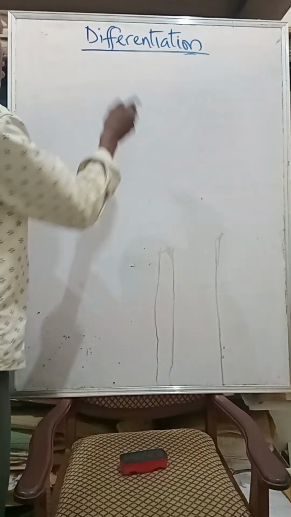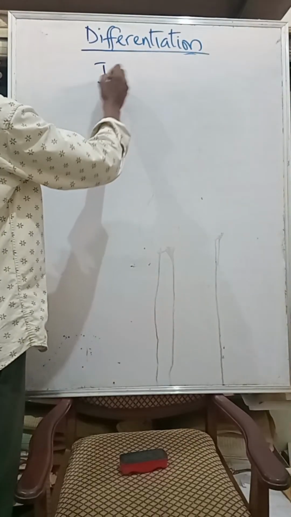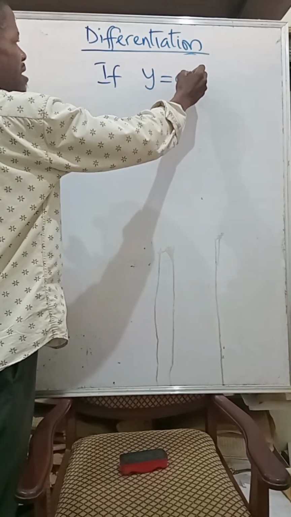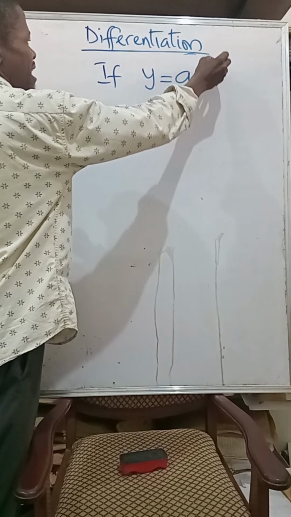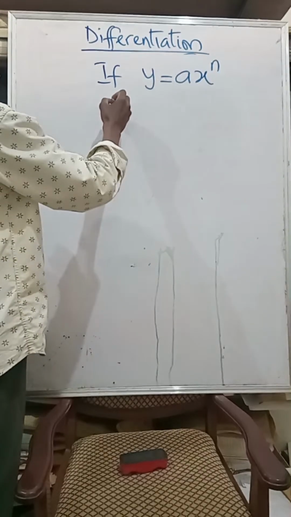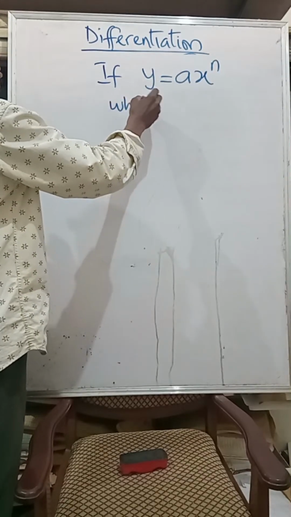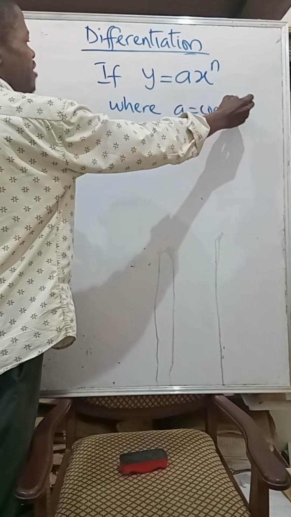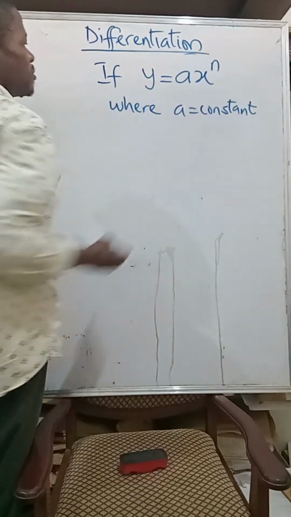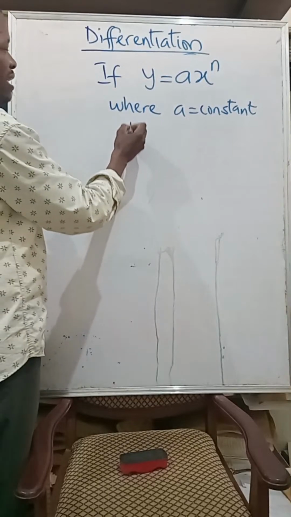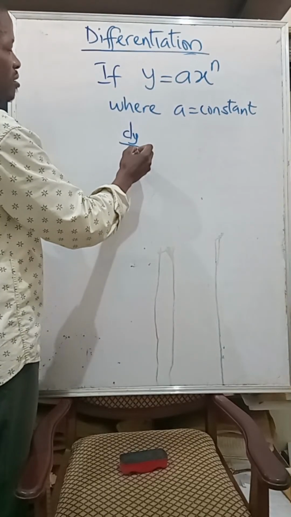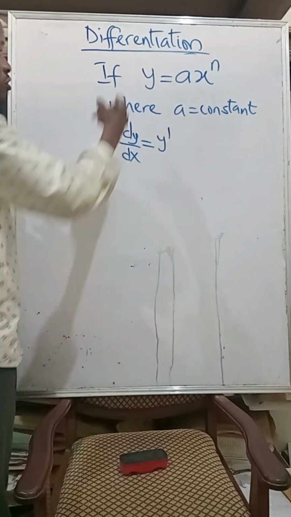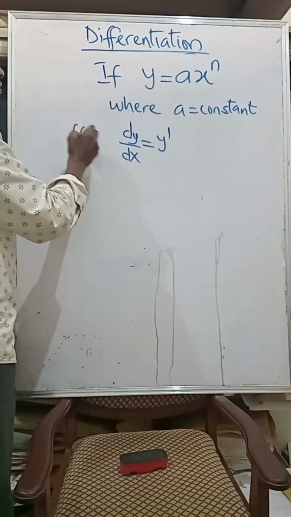If y equal to a times x to the power n, where a is a constant, you could have your expression in this form. The dy/dx is the same as y prime. We can also write our y as f of x.